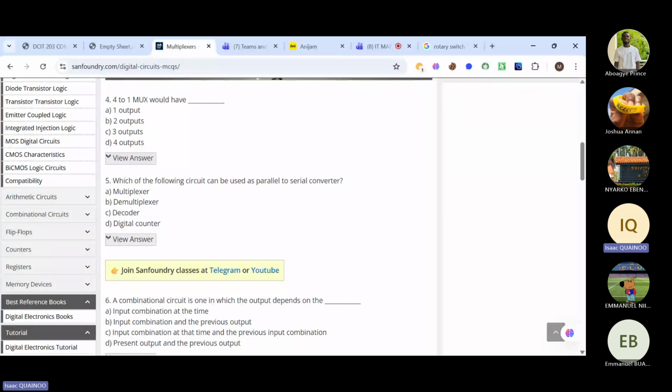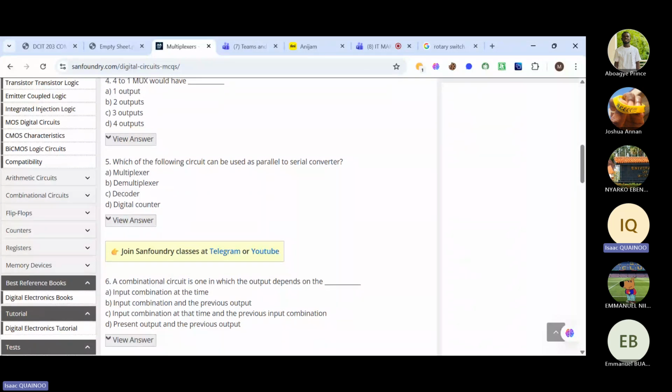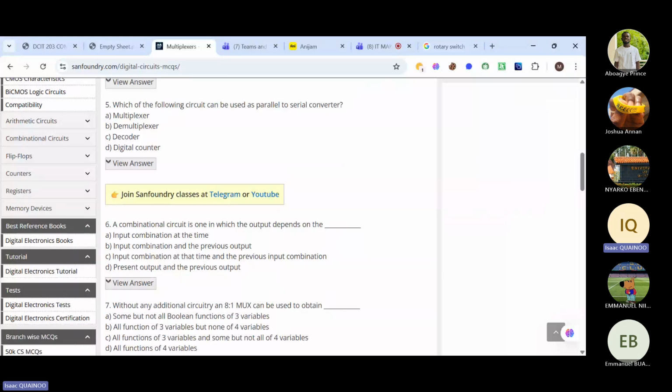When you are dealing with multiplexers, the output is always 1, irrespective of the number of inputs you have. The opposite is true for demultiplexers. The input is always 1, no matter the number of outputs you have. So multiplexers have only 1 output, demultiplexers have only 1 input and many outputs. Multiplexers are many to 1, demultiplexers are 1 to many.